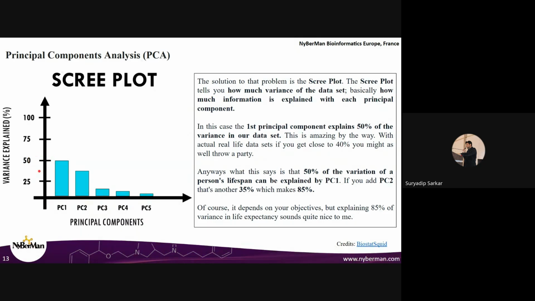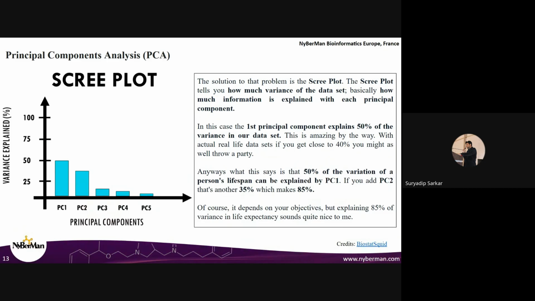Basically, this is the same thing as saying that in this particular data set, if you were to predict the lifespan using only PC1, you would have an R squared value of 0.5. Or in much simpler words, you'd be correct 50% of the time. So in regression, you cannot be exactly correct, right? But you get my point, you get the idea, right? That is what this is telling me. And let me tell you something in terms of real life data sets, right?